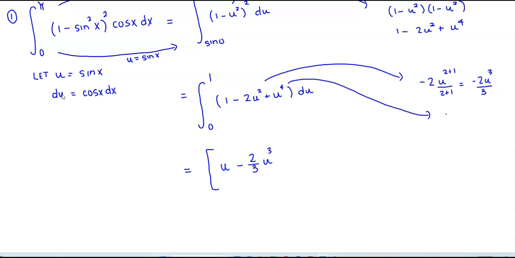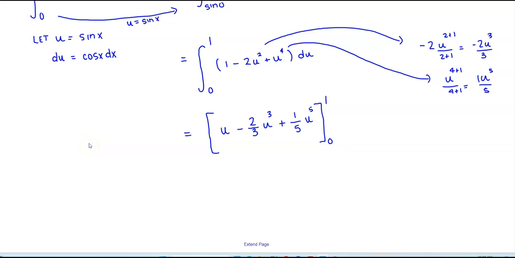And what do we know about u to the 4th? U to the 4 plus 1 over 4 plus 1 is u to the 5th over 5. So that becomes plus 1/5 u to the 5th, and we're evaluating it from 0 to 1.